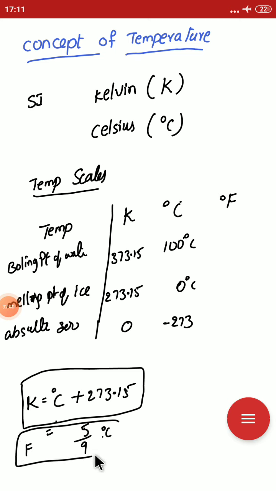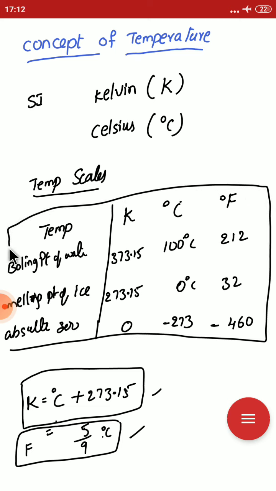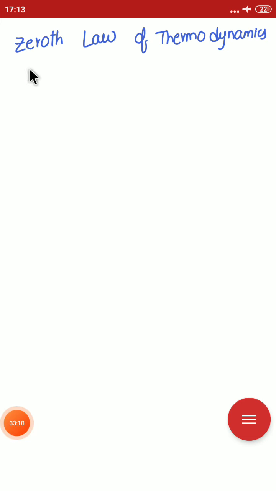This is the unit conversion formula we can use. 0 degrees can be written as 32 Fahrenheit, 100 degrees as 212 Fahrenheit, and absolute zero in Fahrenheit can be written as minus 460 degrees Fahrenheit. This is the basic information required before moving forward. The next topic in this video is the zeroth law of thermodynamics.